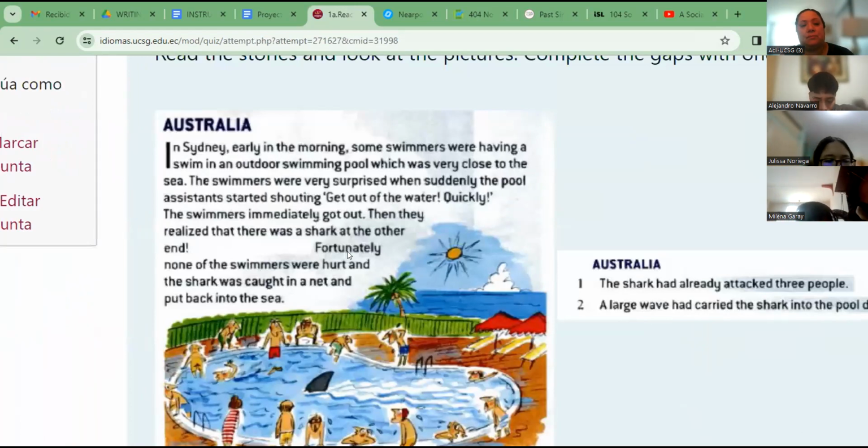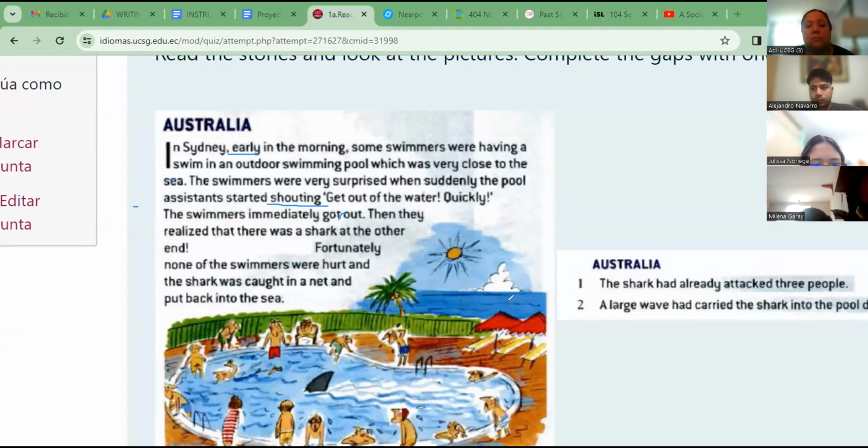Australia. Sydney. Early in the morning, some swimmers were having a swim in an outdoor swimming pool which was very close to the sea. The swimmers were very surprised when suddenly the pool assistants started shouting, "Get out of the water quickly."